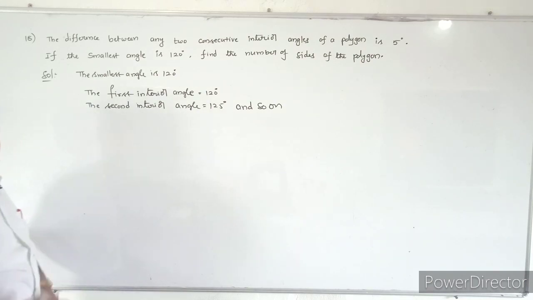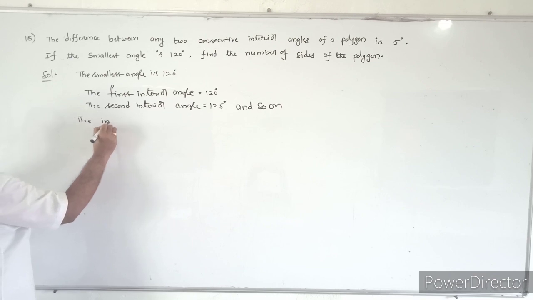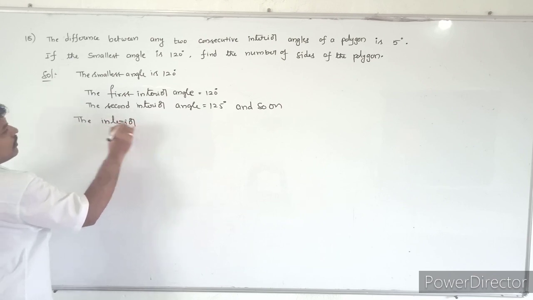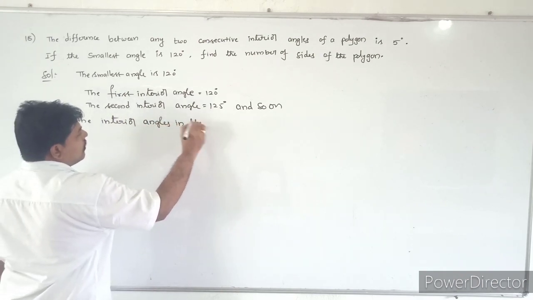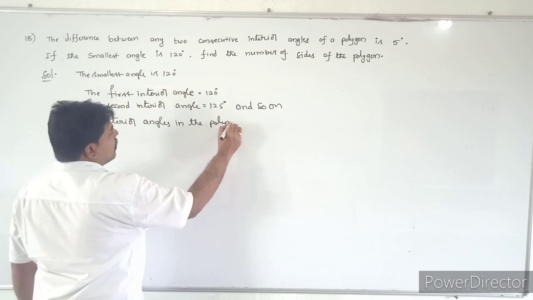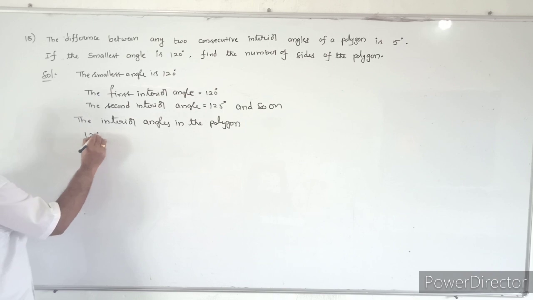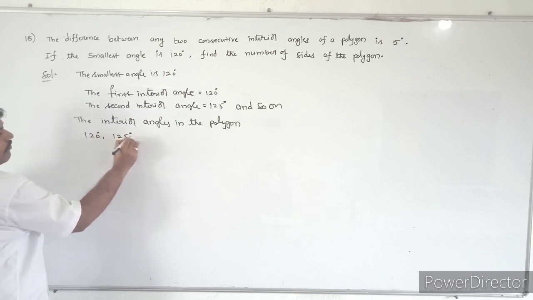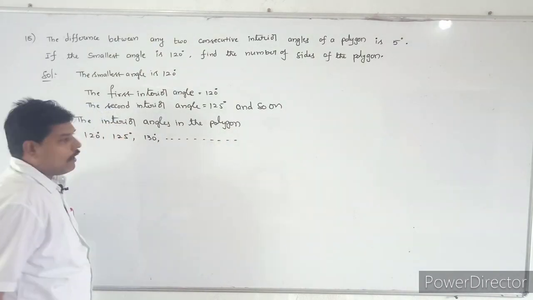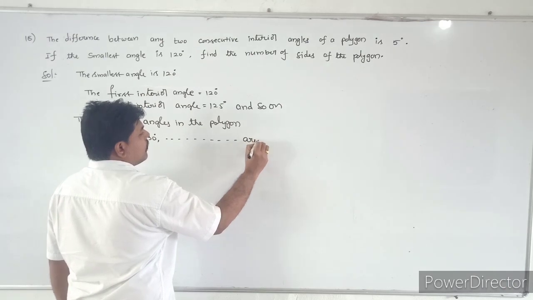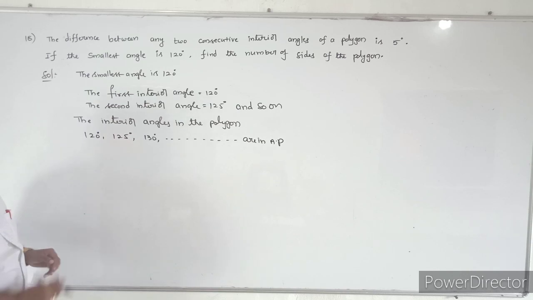So what are the interior angles in the polygon? What will they form? The first one is 120 degrees, the next one is 125 degrees, the next one is 130 degrees, and so on, in arithmetic progression, AP.